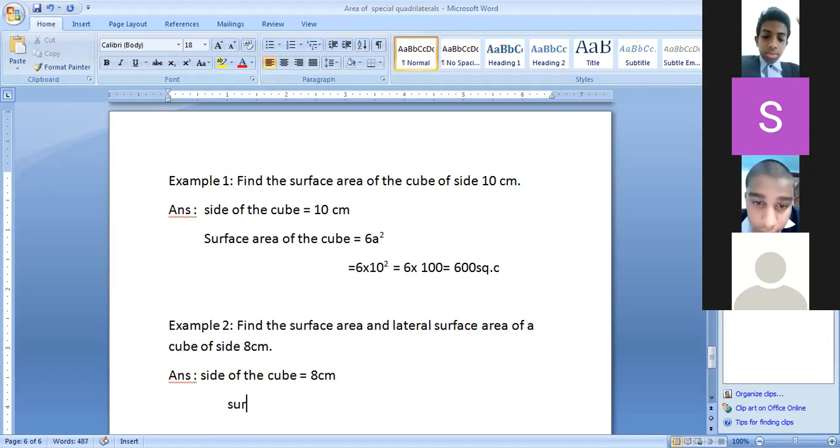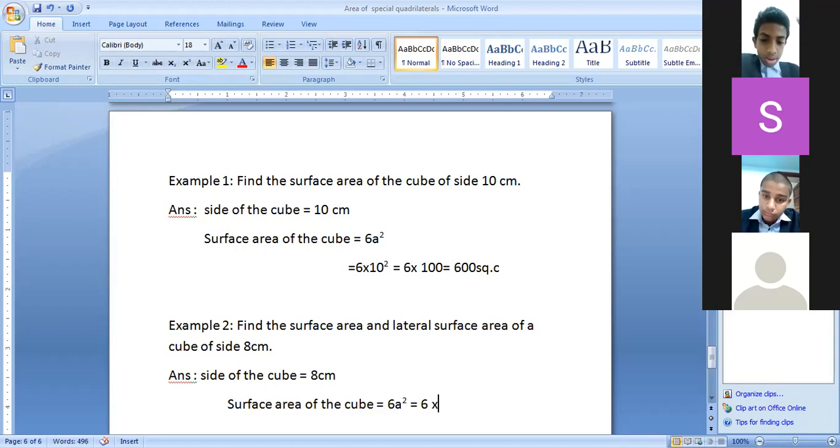Okay, let's start with the surface area. Surface area of the cube. Do you know the equation? 6a square. That is the equation to find the surface area. Now, substitute. 6, no change.